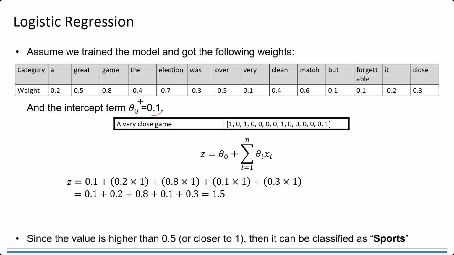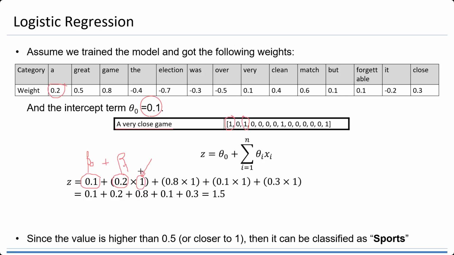We have 0.1 for beta 0, plus beta 1. What is beta 1? In this case, for the word the, beta 1 is 0.2, and because it appears in this text, I just multiply by 1.